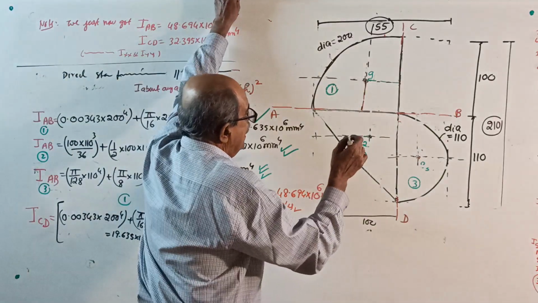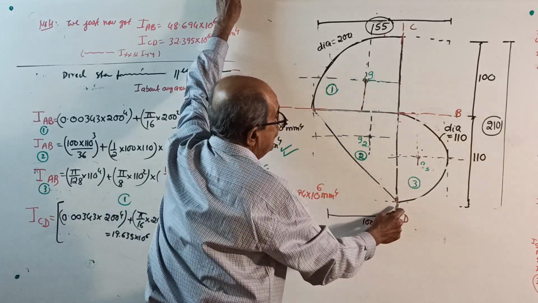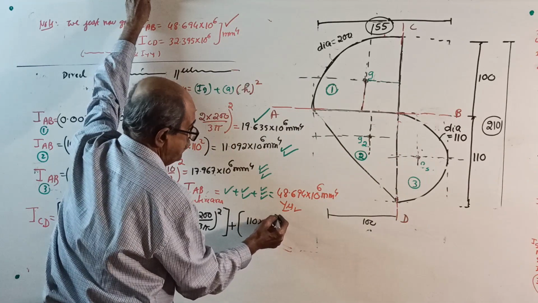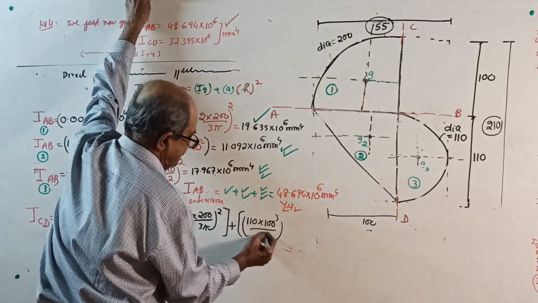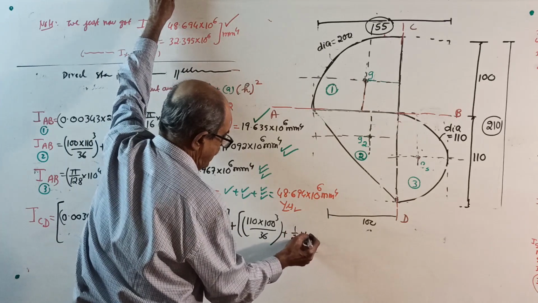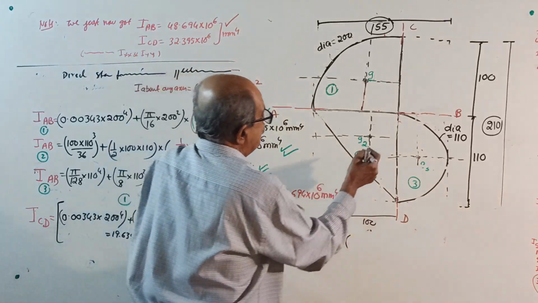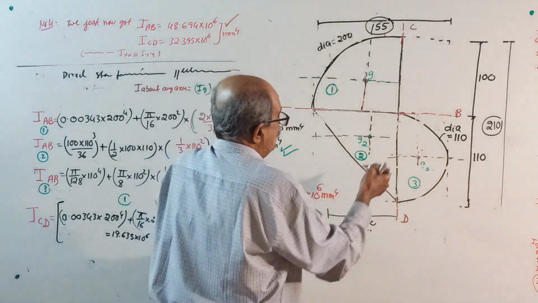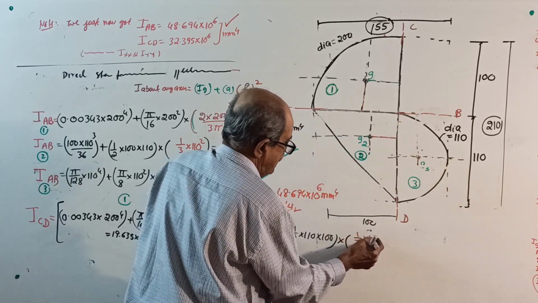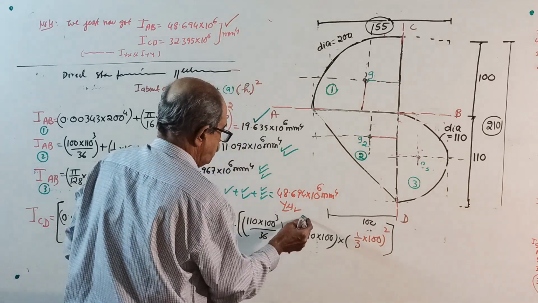For 2, I about its own centroidal axis parallel to CD. 110 into 100 cube by 36, Ig, plus area half into 110 into 100 is the area, into from centroid to your CD axis. This distance square is 1 by 3 of 100, whole square.